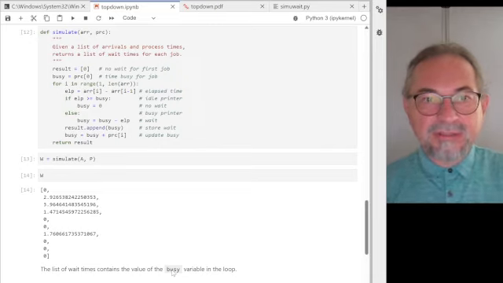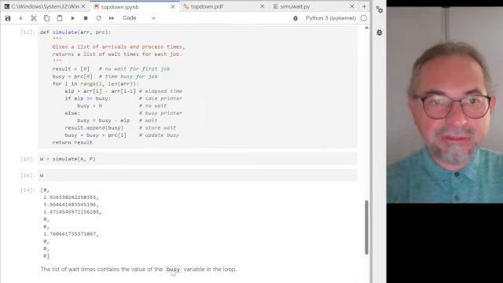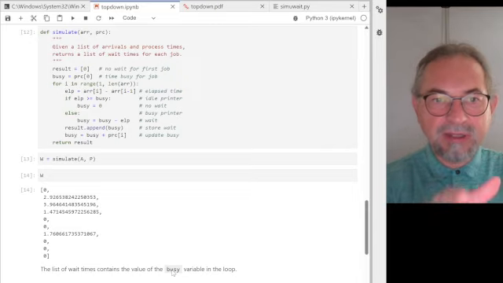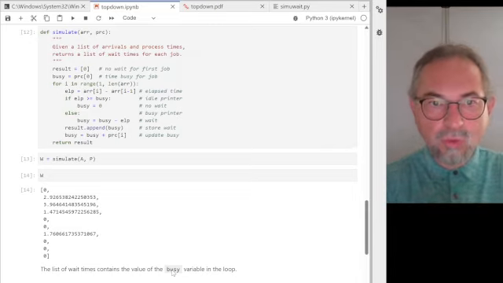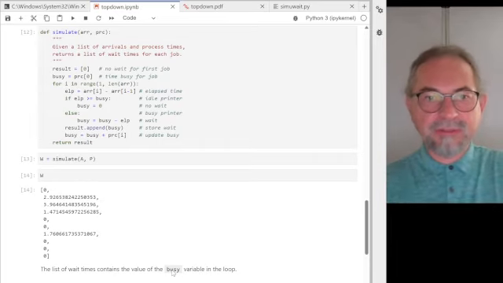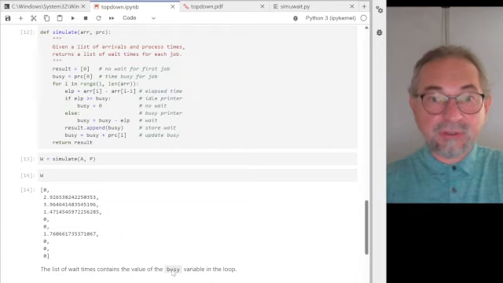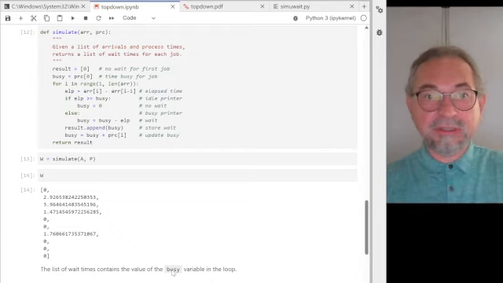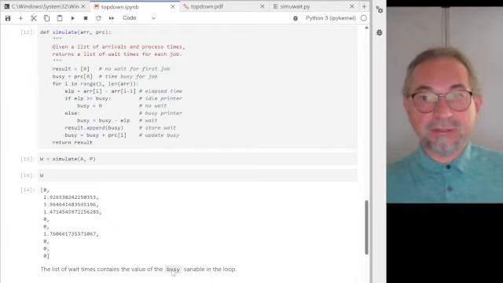So an exercise to study the simulation is really to print out the state table. So we have the i, the number of rows, and then we have the value for the busy variable. So what you print out is i, and you print out the busy variable. Eventually, you also print out the arrival time and the processing time.